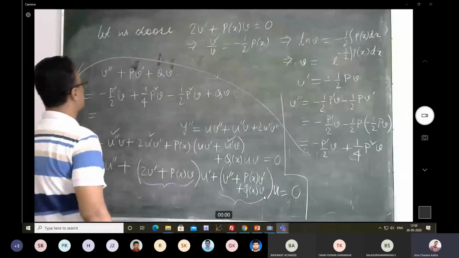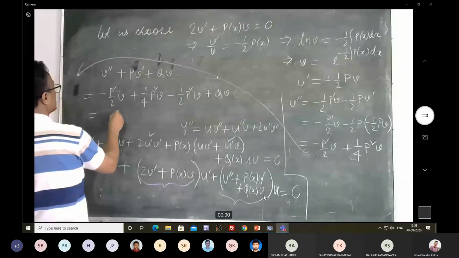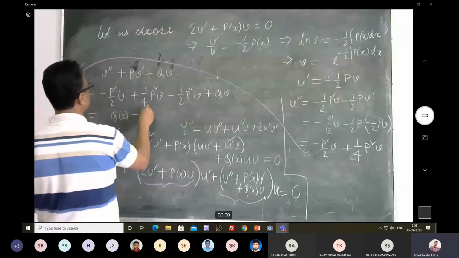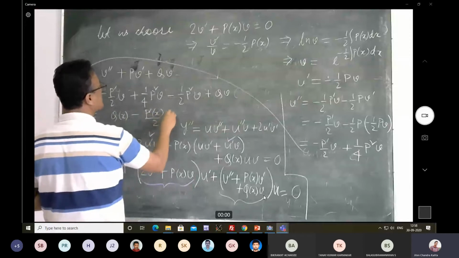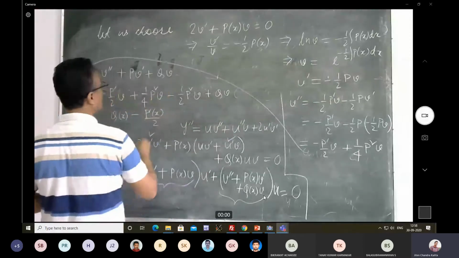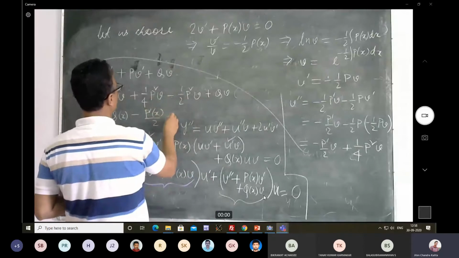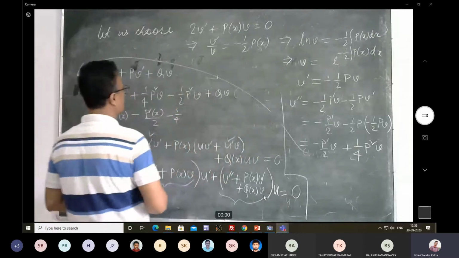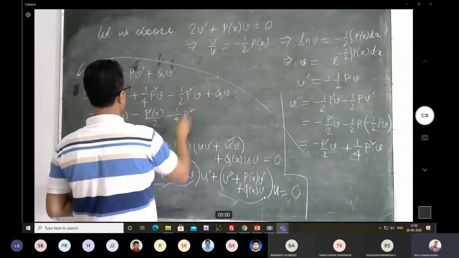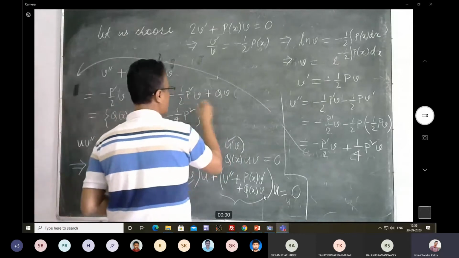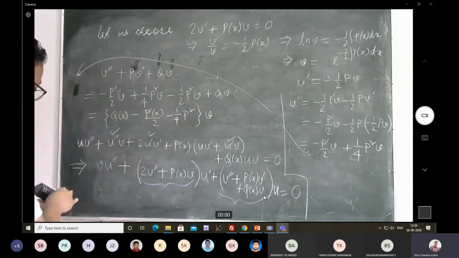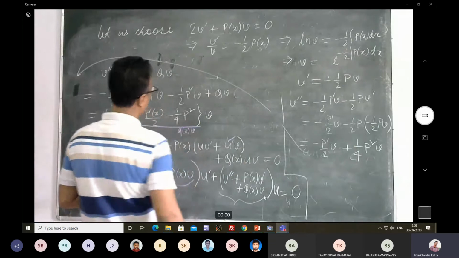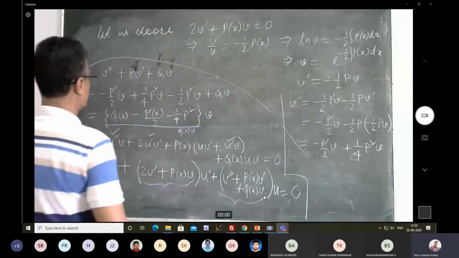So I can write it first as the positive term q(x) minus p prime(x) by 2, and then from these two I am going to get minus 1 by 4 p square, times v.